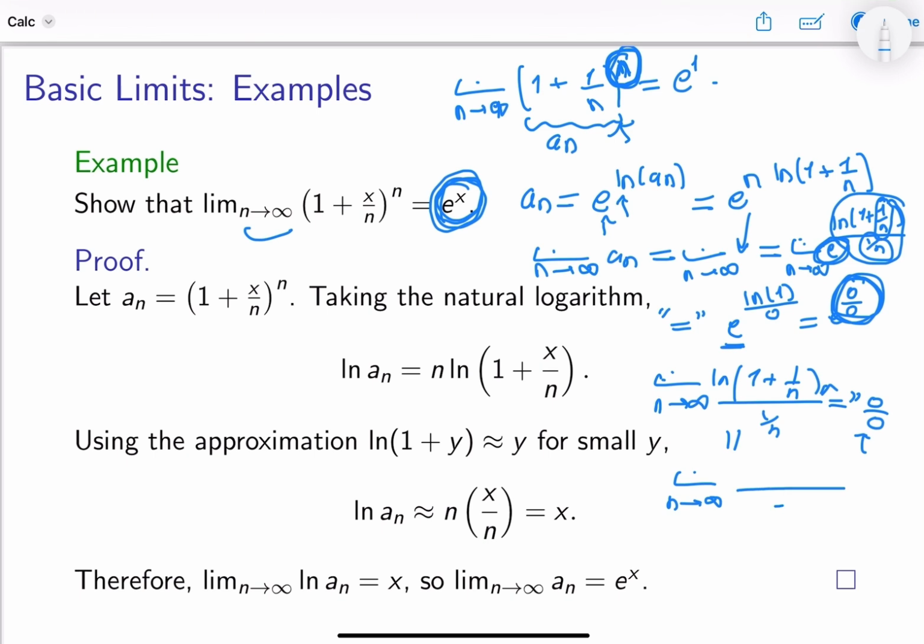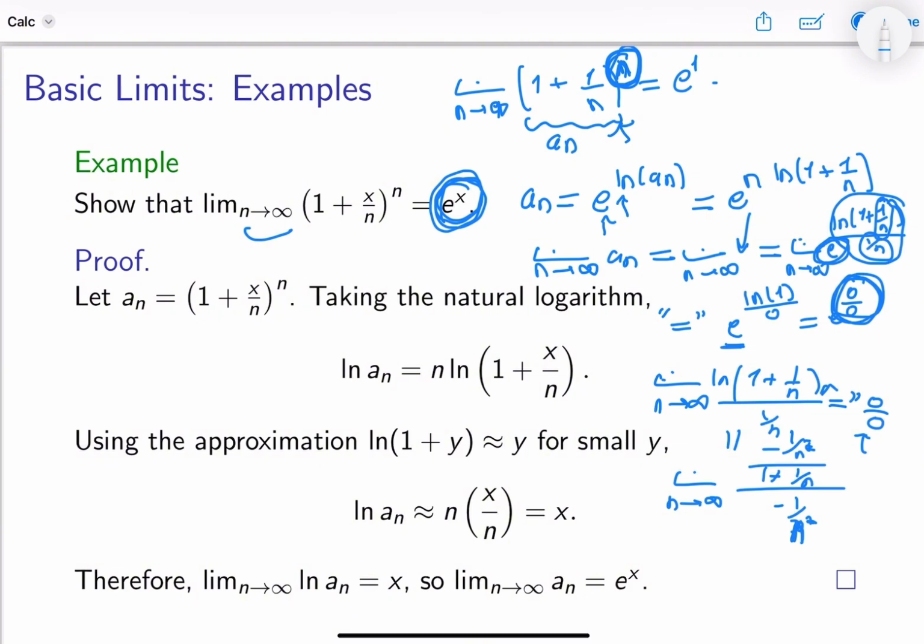This is minus 1 over x squared, the derivative of 1 over x, evaluated at n, so it's going to be minus 1 over n squared. We're differentiating the function, not this function of n. So we're differentiating the function log of 1 plus 1 over x, and this is minus 1 over n squared over 1 plus 1 over n.